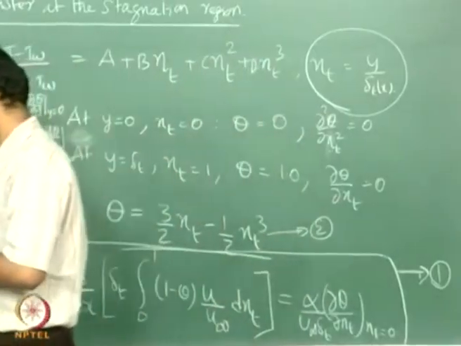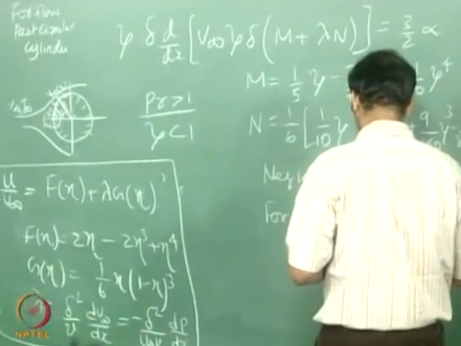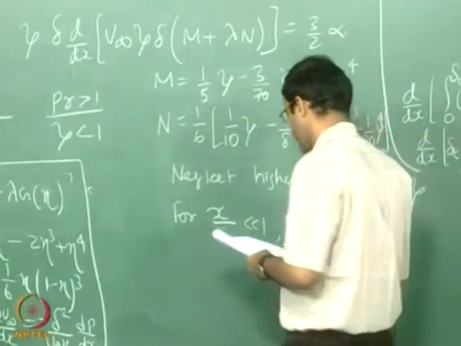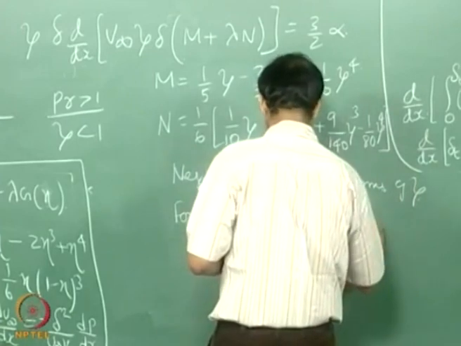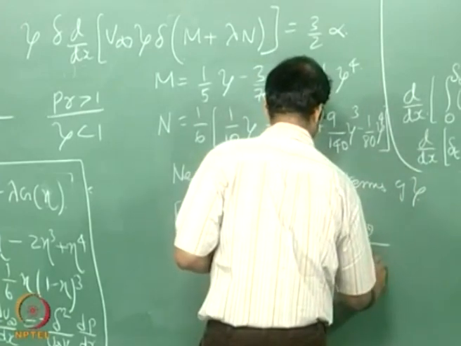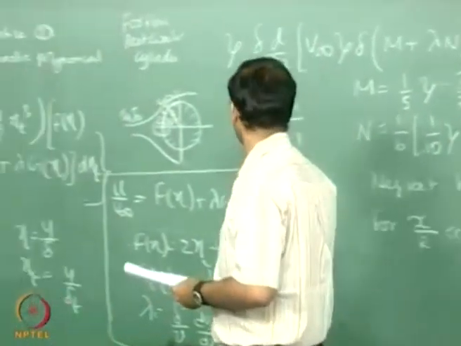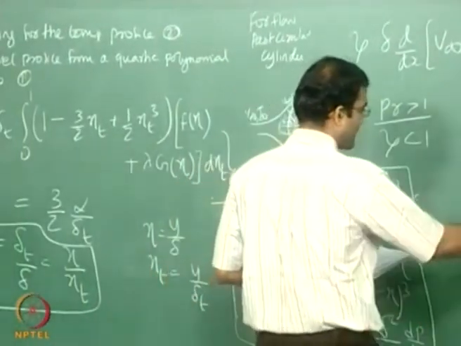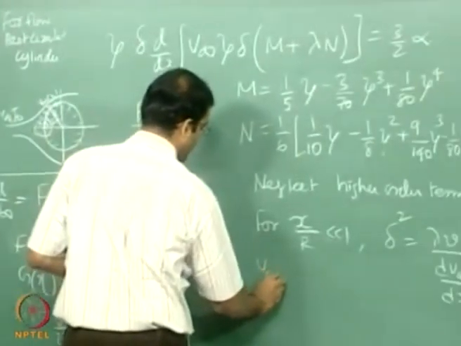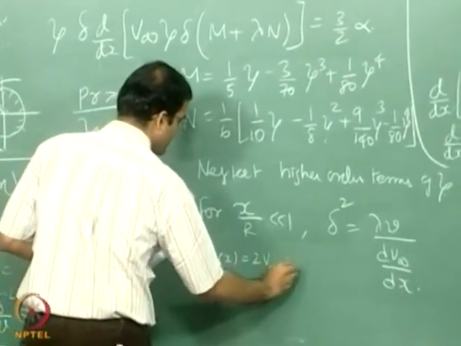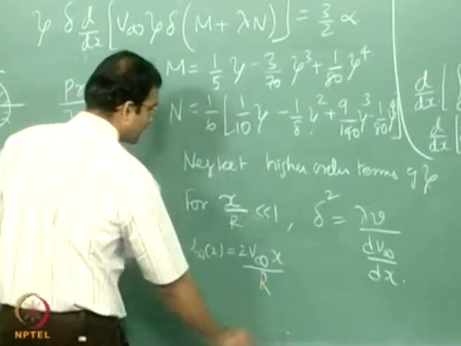My delta square comes from the definition of lambda, if you remember. This is lambda nu divided by du infinity by dx, and for small values of x by r, u infinity of x will be 2 v infinity into x by r.